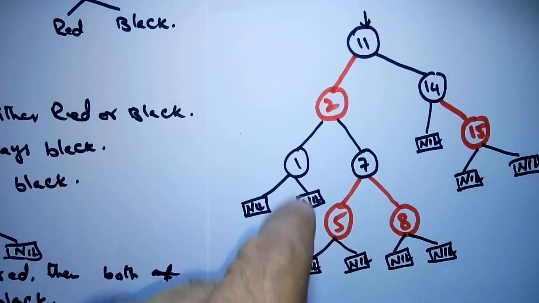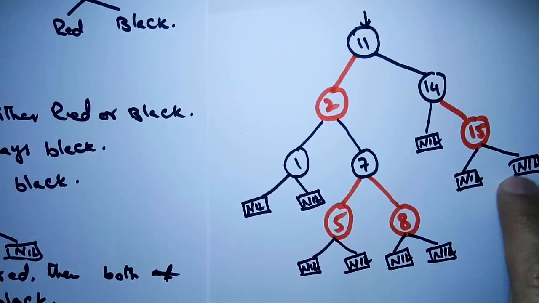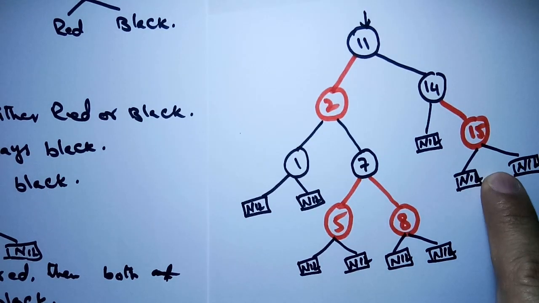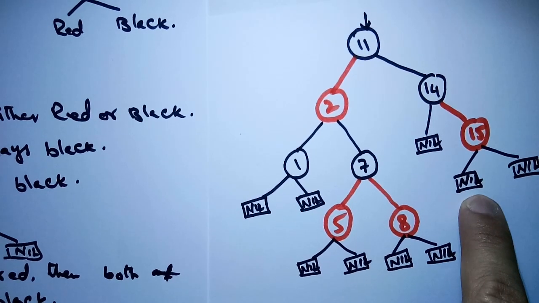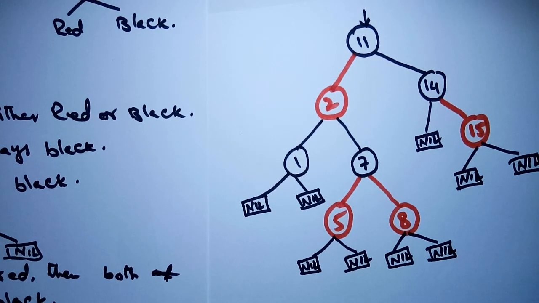The red node doesn't actually contain any children, but if the children are there, those are the nil children, and the color of the nil node is always black.